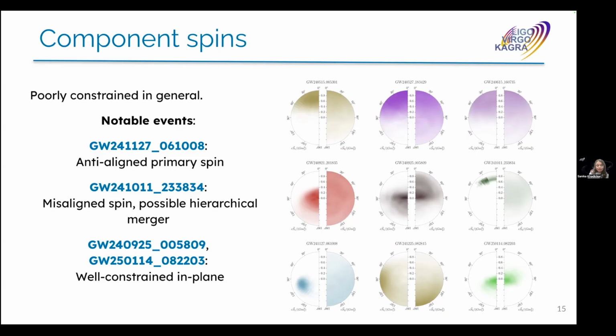GW241011, the same event that we have been mentioning before, which is consistent with having a misaligned spin, possibly from some hierarchical merger. We also have GW240925 and GW240114, which have a well-constrained in-plane spin, and you can also see this from the plot attached on the right.